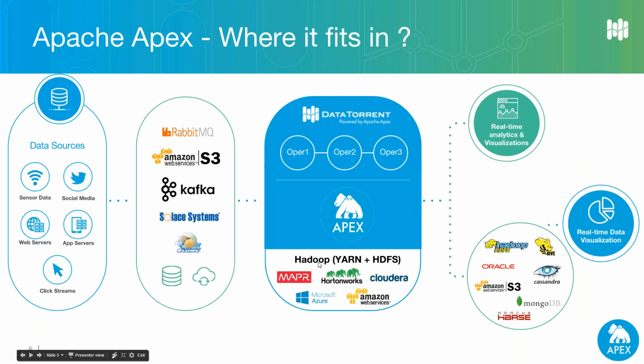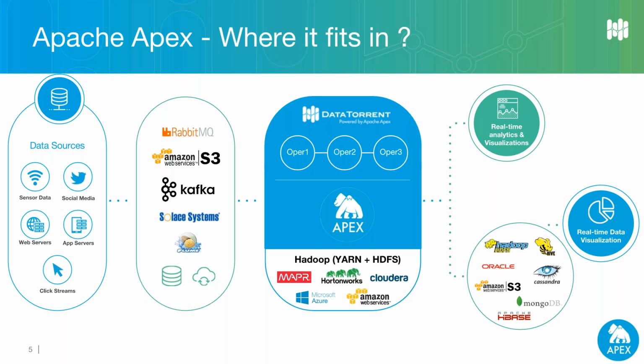So there is a question about this slide, where exactly does Apache Apex fit in. So basically, as I mentioned earlier, Apache Apex runs on Hadoop. So you have a cluster which has Hadoop running. By Hadoop, I mean Hadoop 2.0, which is Yarn plus HDFS.